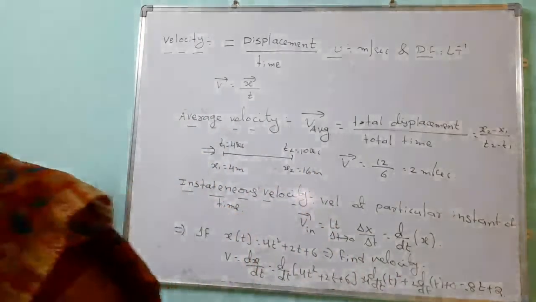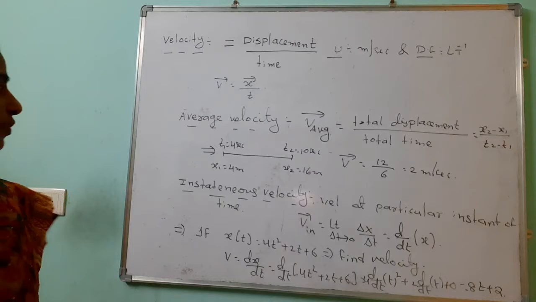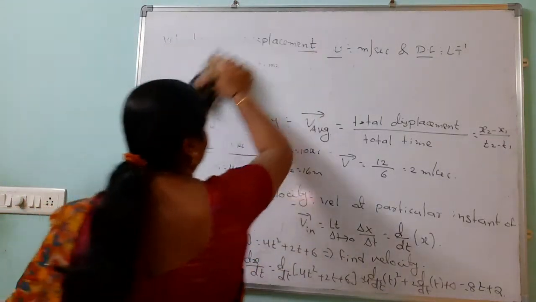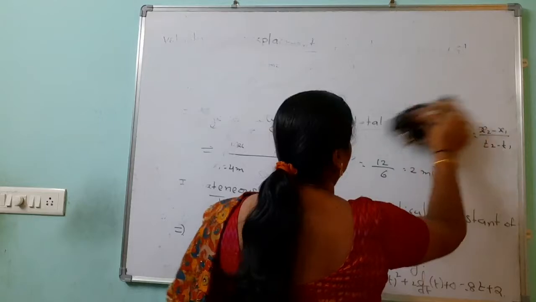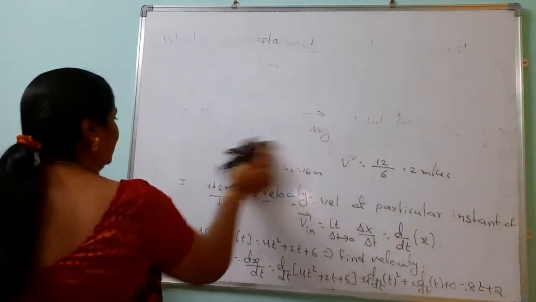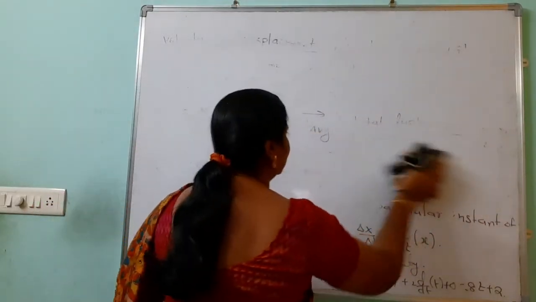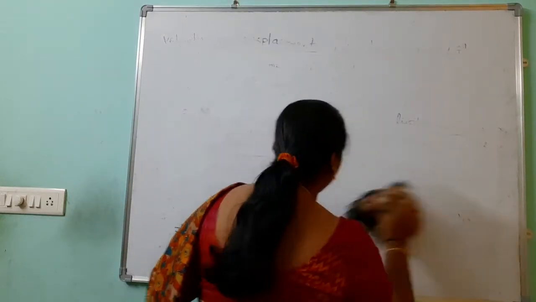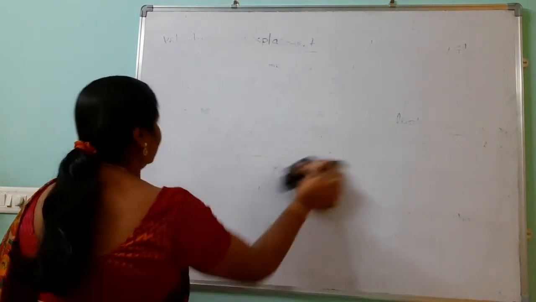Now we are going to discuss a few more problems on how to find the average velocity in different cases. You should remember that in uniform motion, displacement equals distance, and likewise velocity equals speed.